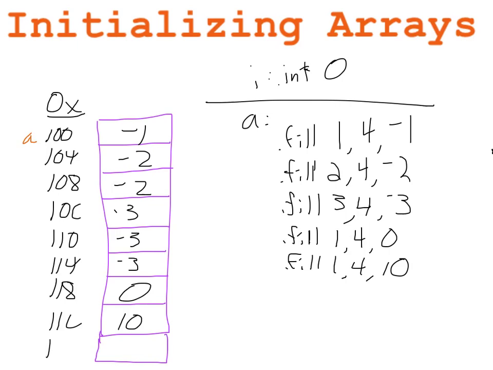This would be 1, 2, 0, and let's say that we made another variable that we wanted to initialize at compile time. Let's say we had B after this A, and let's just say it's an integer because I only have enough space in my map here for another 4 bytes.